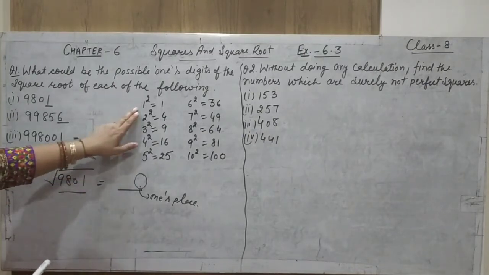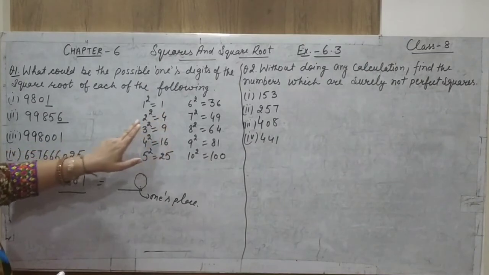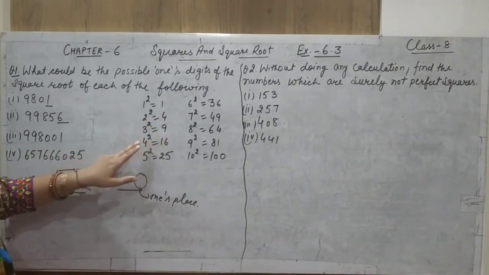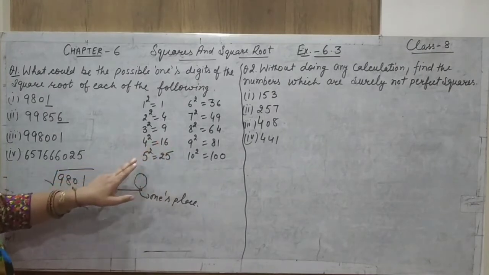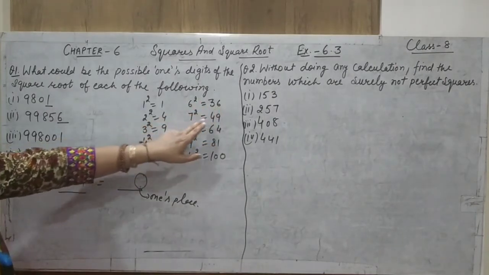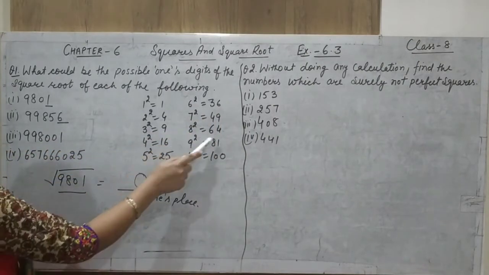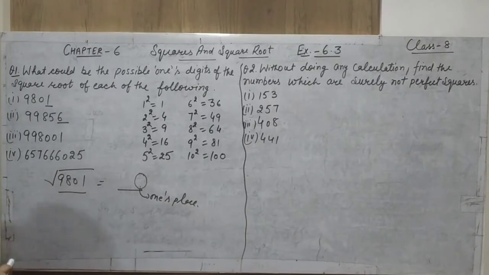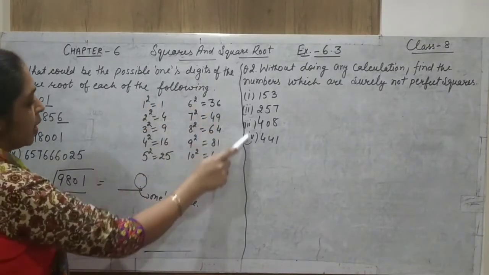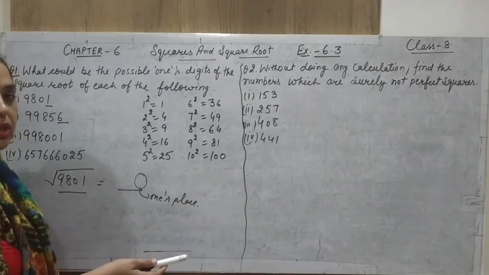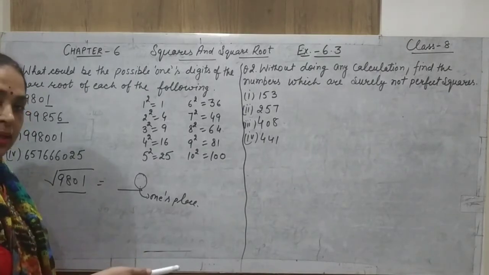Now, 1 square is 1. We know very well. 2 square, 4. 3 square, 9. 4 square, 16. 5 square, 25. 6 square, 36. 7 square, 49. 8 square, 64. 9 square, 81. And 10 square, 100. So, these are the squares of the numbers 1 to 10. When we move further, continue squaring the numbers.